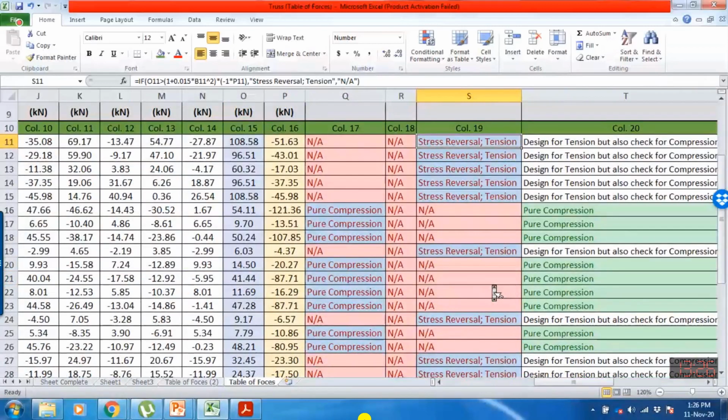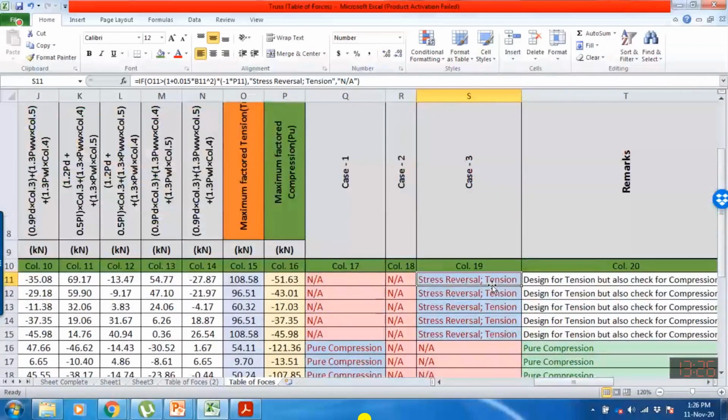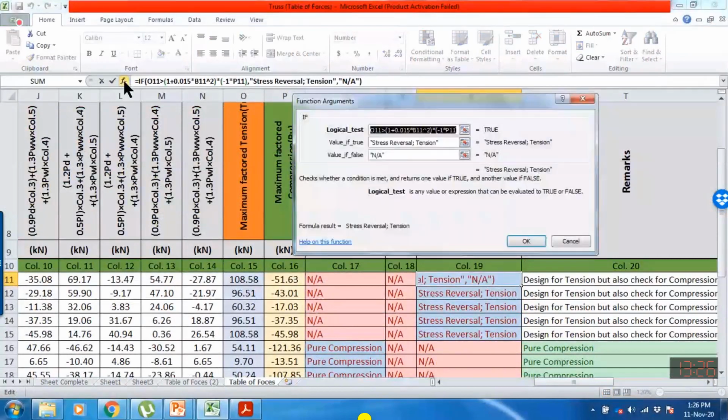Is there any stress reversal in compression? So let me modify the formula same here. If the above condition is not satisfied, then instead of writing not applicable, he will write stress reversal but design as a compression member.